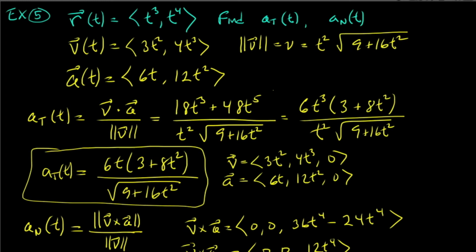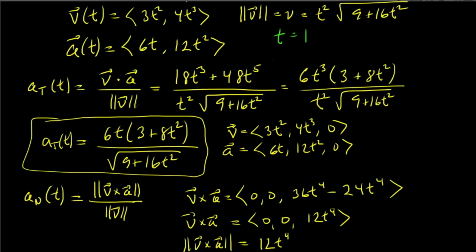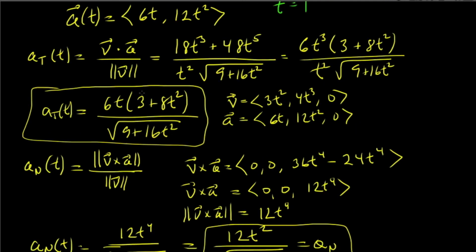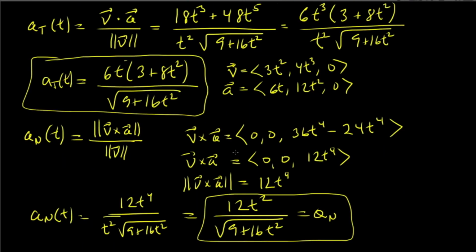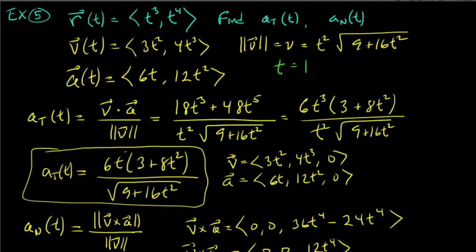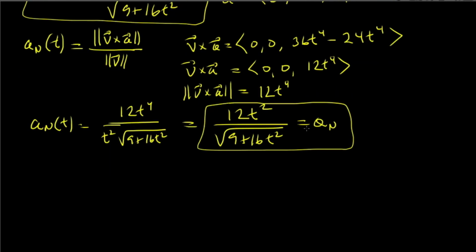In other words, if they say t is equal to 1, then you can find v and a and just take the dot product of those constant vectors to get the tangential acceleration. But again, you have to find v of t and a of t before you can plug in the 1, if that makes sense.